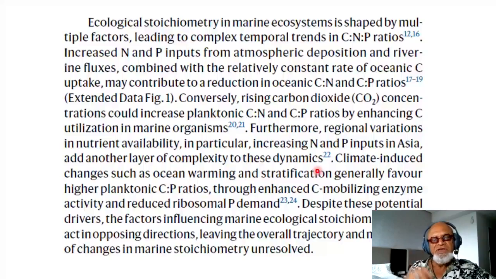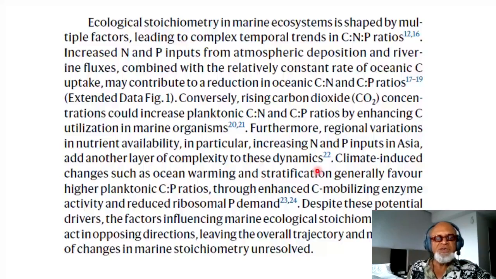So it's given in a supplemental figure you can look up. Conversely, rising carbon dioxide concentrations could increase planktonic C to N and C to P ratios by enhancing carbon utilization in marine organisms, so kind of an ocean CO2 fertilization effect, which is much more commonly discussed for land vegetation.